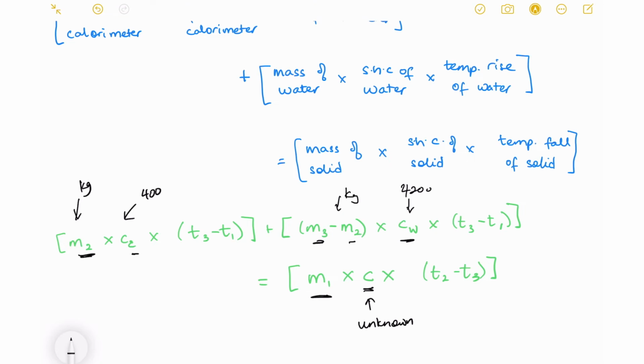And then you have your temperature change. So your temperature change is going to be your 100 degrees minus your steady state temperature, which was T3. So it's going to be T2 minus T3. So that's the temperature change.